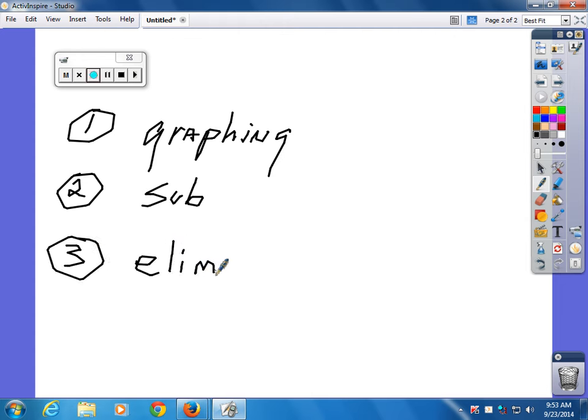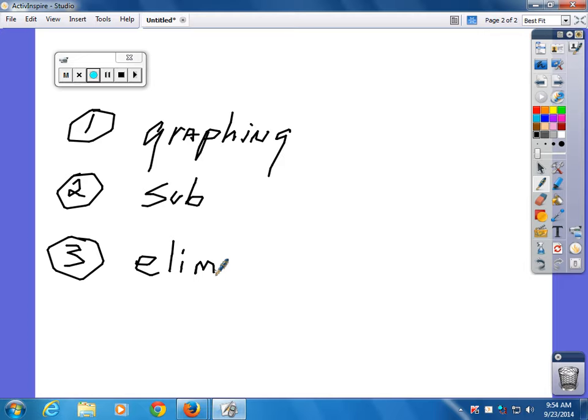Elimination is when you use algebraic manipulation to take out a variable and leave the other variable. So therefore you have one equation and what? One unknown, so you can solve it. Elimination is probably the most algebraic, because you have to manipulate it.